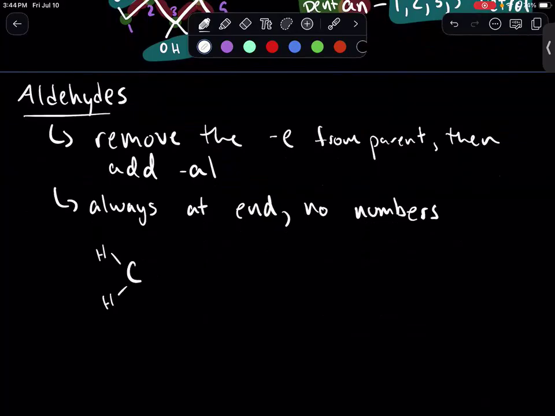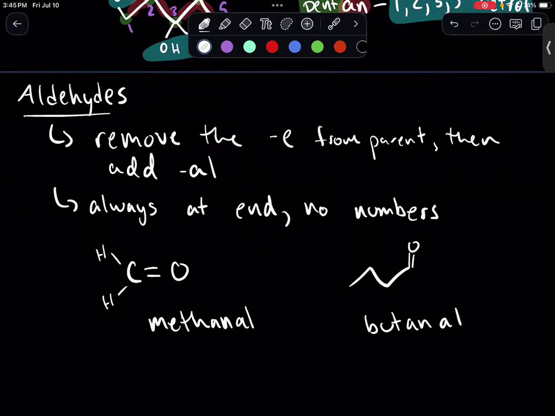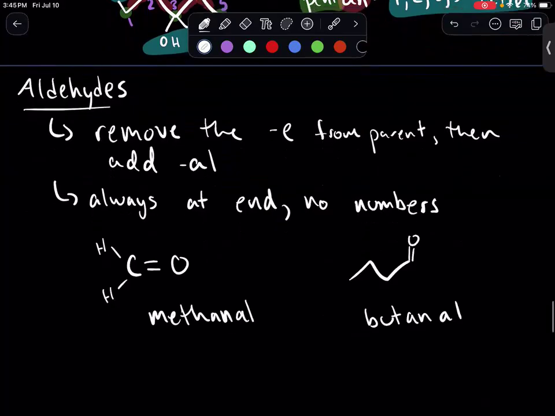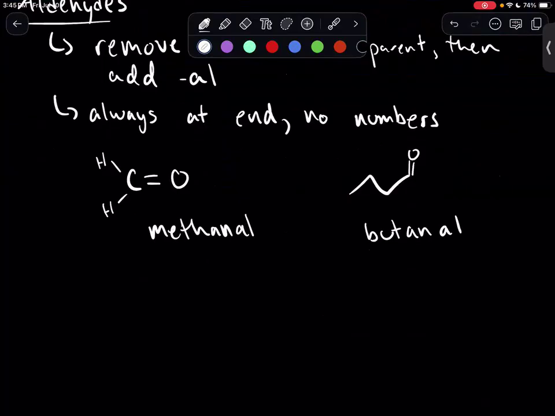So the simplest one is methan-, like methane, -al, methanal. We can make it a little more complex and put it on a but-. This is butanal, and that's it. Now, you could say, but what about both ends of the compound? And of course, you're right.